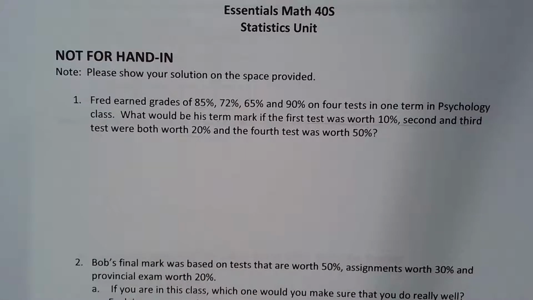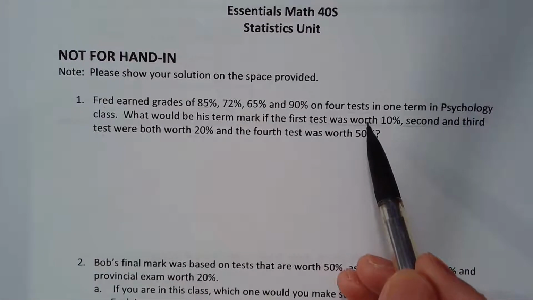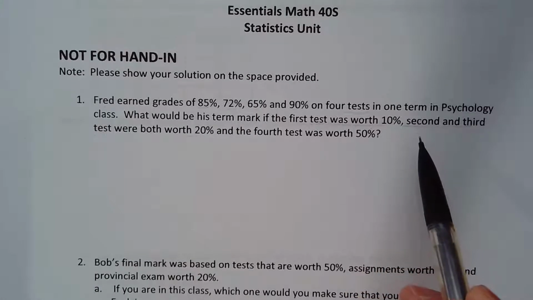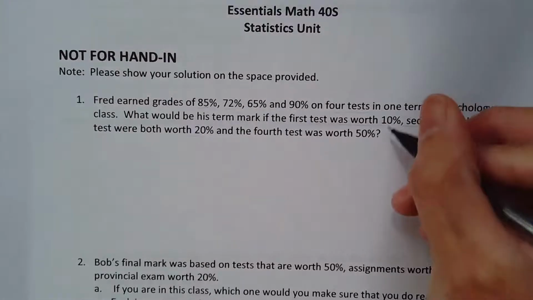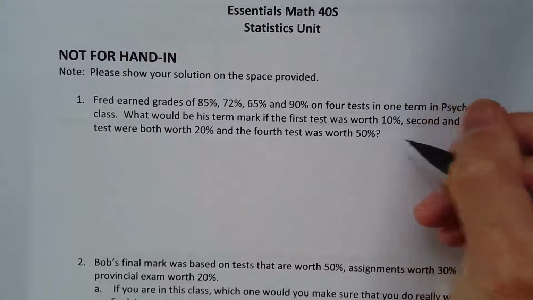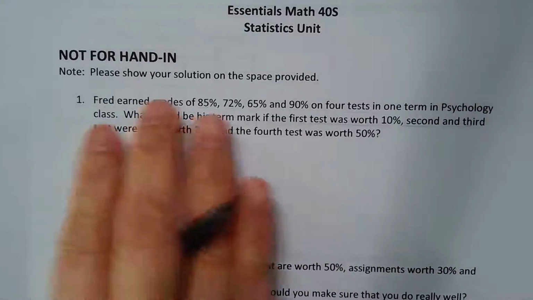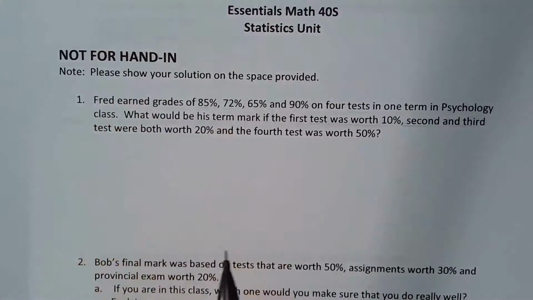Because we are given the worth of each particular test, that means it has a different kind of weighting for each test. So we have weights for each test. I'm going to organize it so that it's easier to read. So let's organize that first.